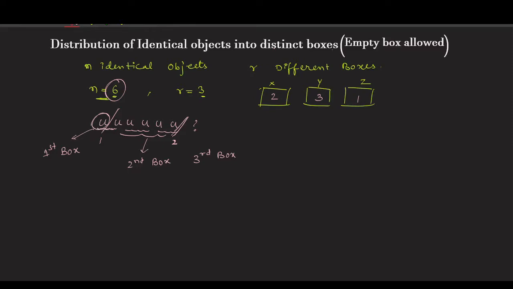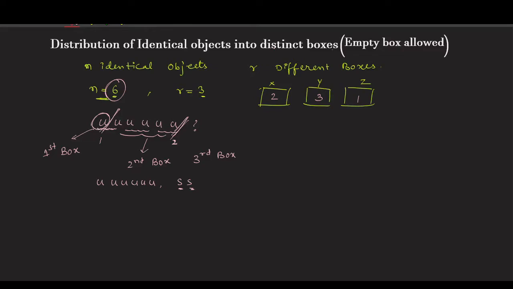So what is the meaning of this? If you keep 2 separation symbols among these 6 identical objects, you will get one way of distribution. So indirectly, let's say I have 6 U's and 2 S's. I call these 2 S's separation symbols.